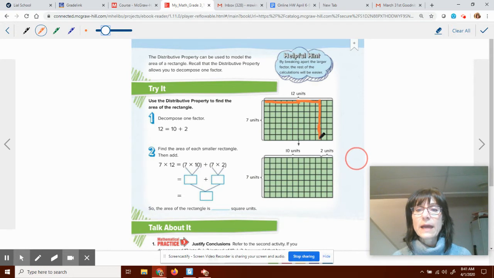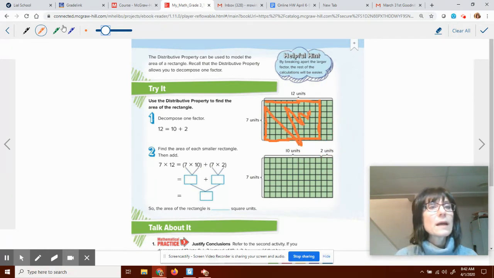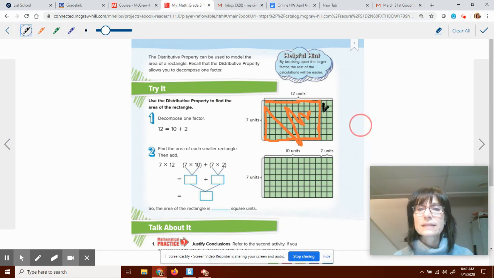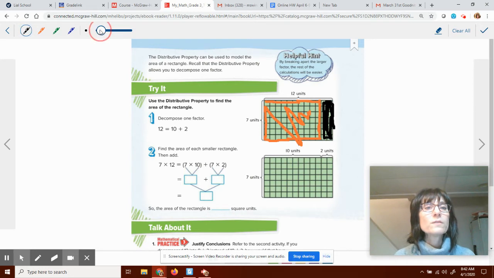And I'm just going to outline. But remember, we are talking area. So we're talking about everything on the inside here. Let's use black, and black we're going to represent as the 2. This section right here. All right, so what we're showing now is the distributive property.